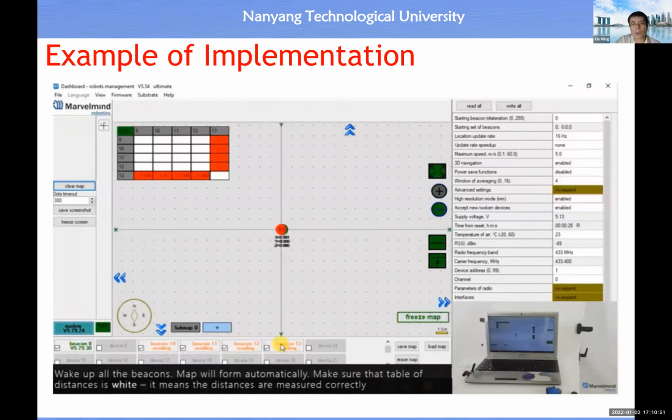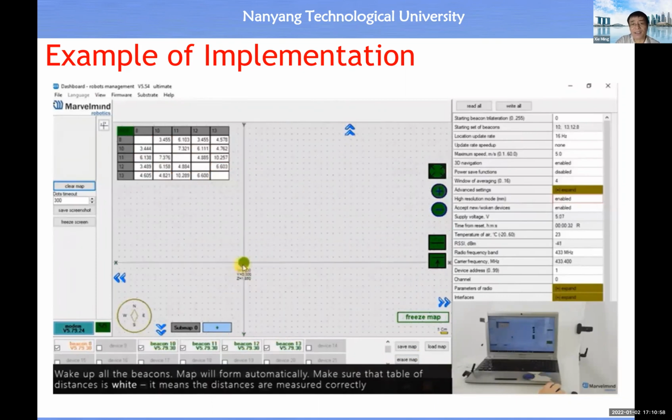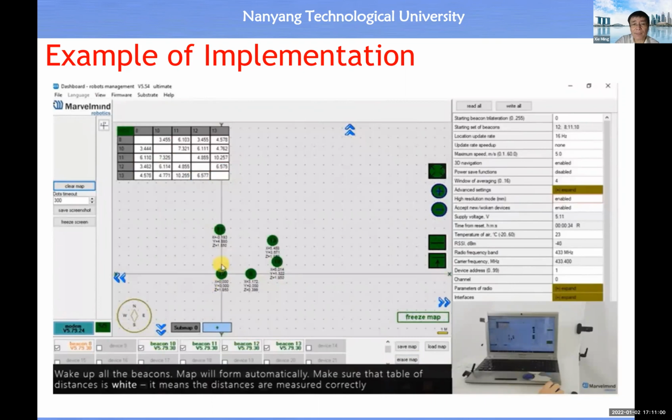Since the XY coordinates of these four emitters are known in advance, we can visualize their locations.